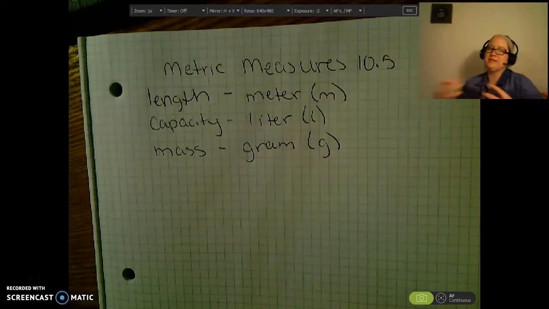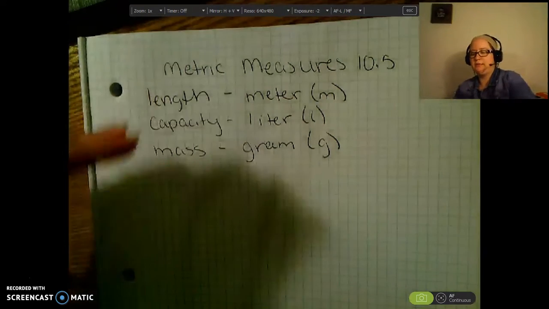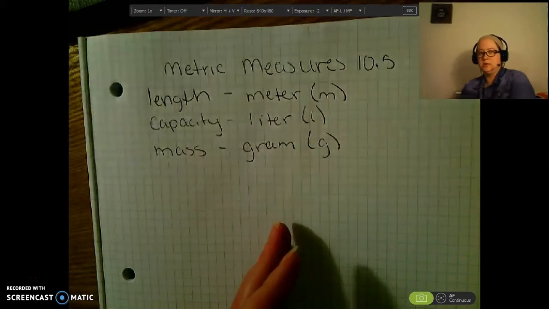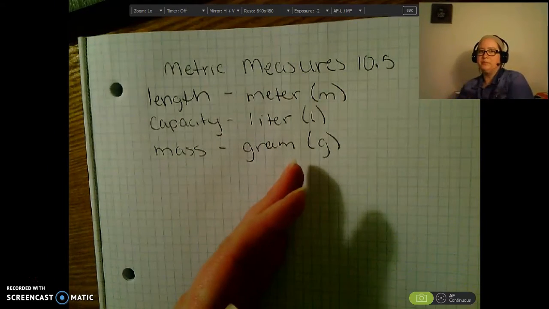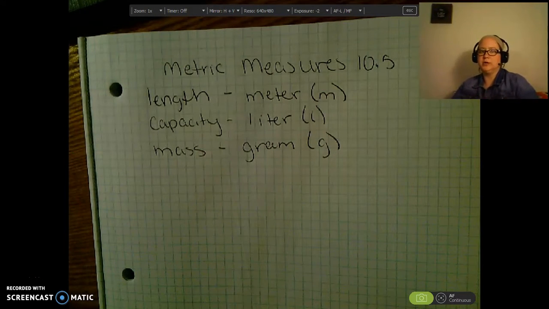Now there are prefixes that we use for the different metric measures. Everything's going to have either meter, liter, or gram in it. Then it's also going to have a prefix unless it's just directly in the middle. By prefix I mean what comes before the word meter, liter, or gram, so what we add on to the front.